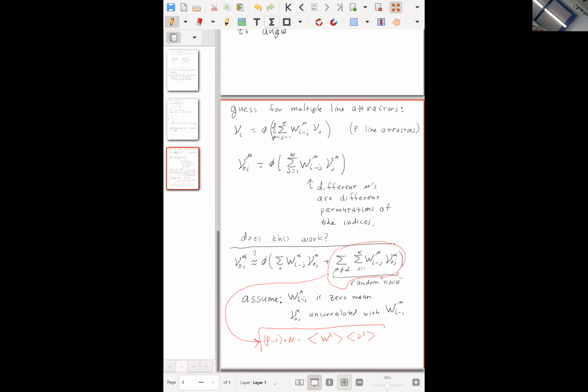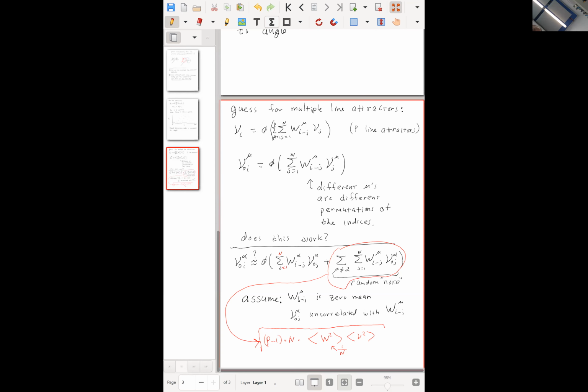And the weights had better scale as 1 over n, as before. The reason they have to scale as 1 over n is because nu_0 alpha is highly correlated with these weights. So if you have n terms in that sum, each term had better be order 1 over n, otherwise that will blow up.